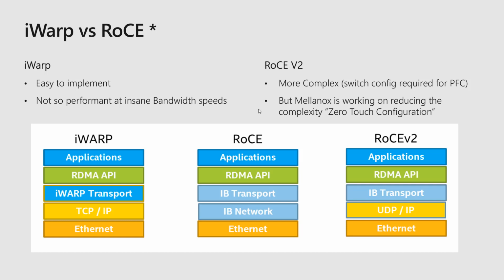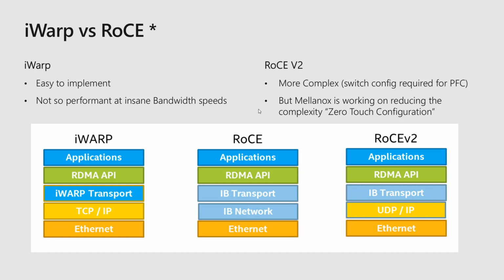It's also useful to leverage PFC with iWARP, especially at higher bandwidth like 50 or 100 gigabit, but it's not a requirement. If packets are dropped, the NICs will resend them.